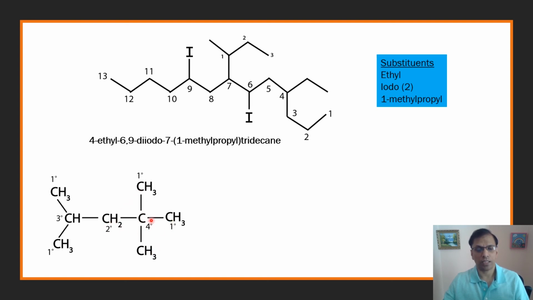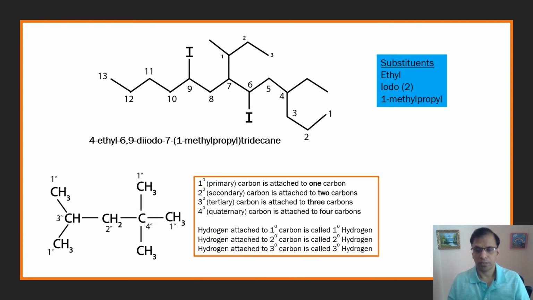So this carbon is called the quaternary carbon. I've tabulated that so that in future videos, when I talk about primary hydrogens or primary carbons, you understand what I'm talking about, and you will see this used in different reactions in organic chemistry.